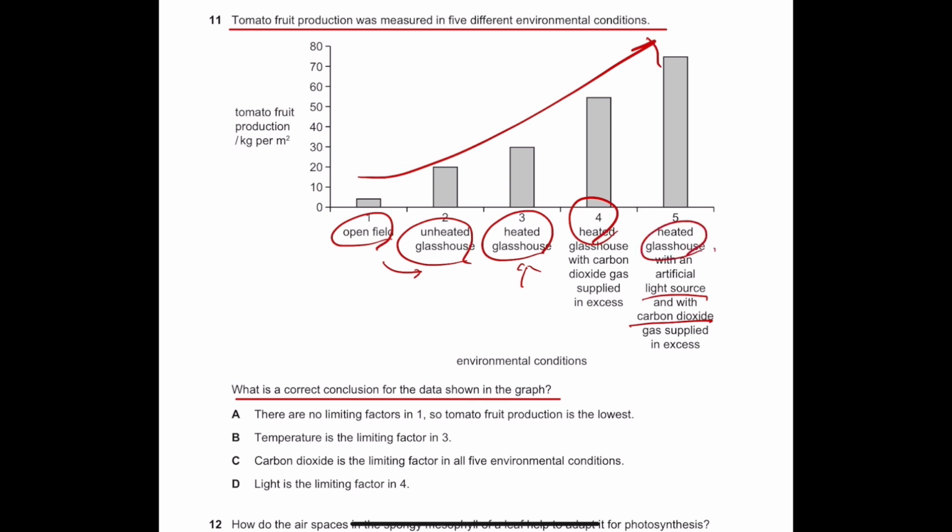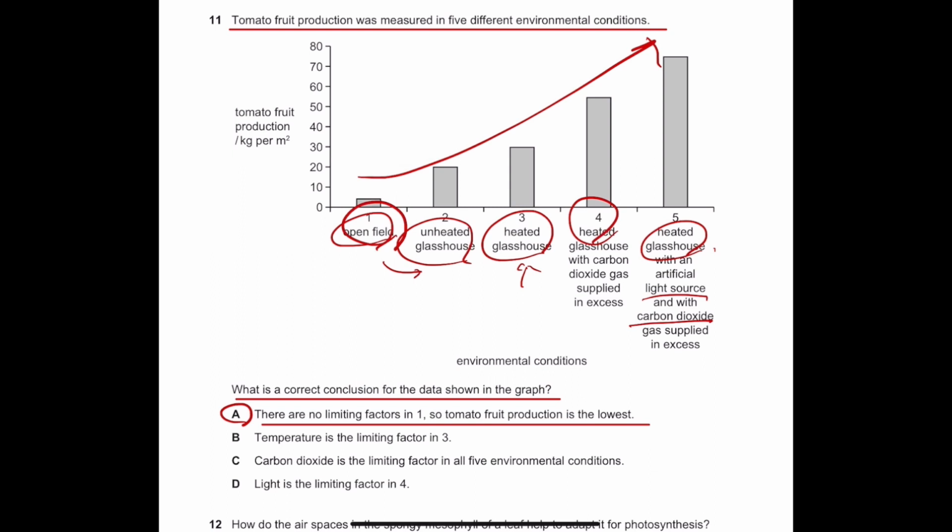Okay, so let's have a look at the options. A, there are no limiting factors in 1, so tomato fruit production is the lowest. Really, is there no limiting factors in 1?